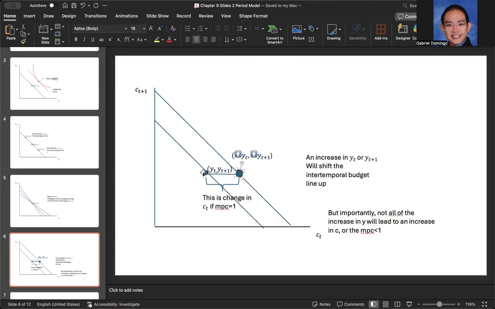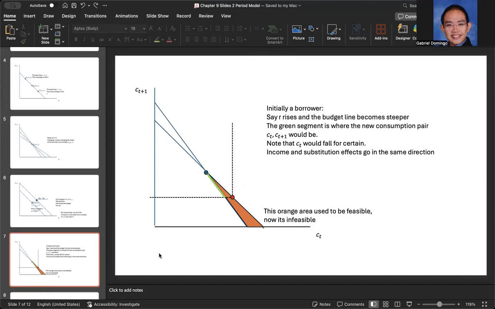And what the book is saying is that if your consumption changes by this much, then that means your MPC is equal to 1. Okay. There are situations when that will happen, but normally that's not going to happen. Normally your MPC will be less than 1.